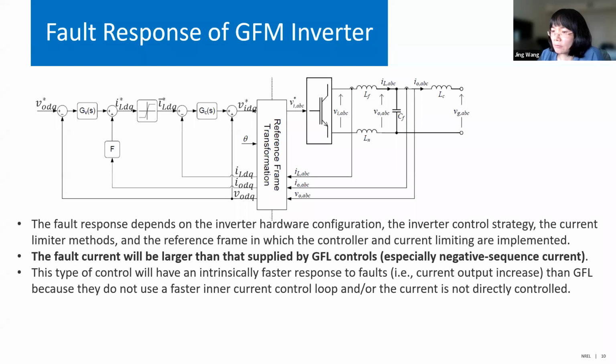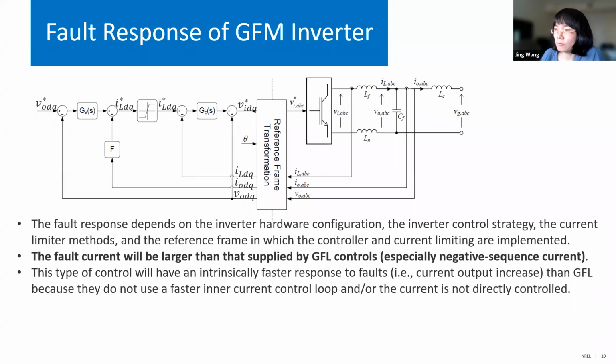Usually, the fault current will be larger than the fault current supplied by grid following controls, especially for the negative sequence current. And this type of control usually has a faster response of the fault current compared to grid following control, because current is not directly controlled, so it responds much faster than the grid following inverter, which is regulated by the current controller.